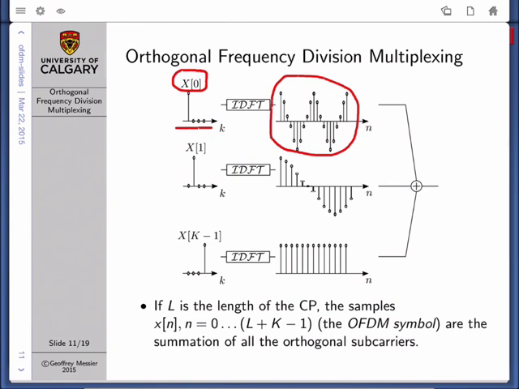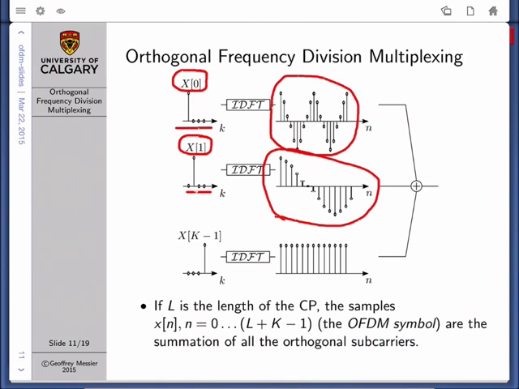Our second subcarrier x1 has a different discrete frequency, and x1 again would be a different magnitude and phase for our QAM modulation. We take the inverse discrete Fourier transform, and then we get a waveform that looks like this. Again, a sinusoid with a different oscillation frequency.